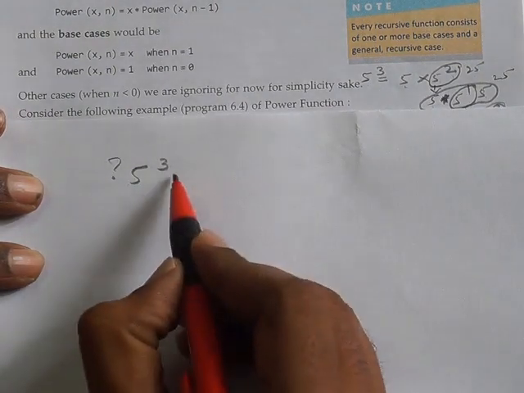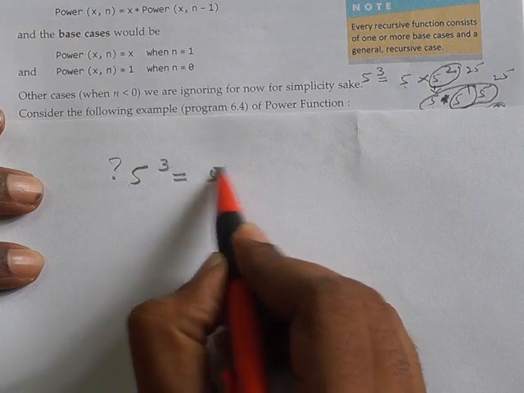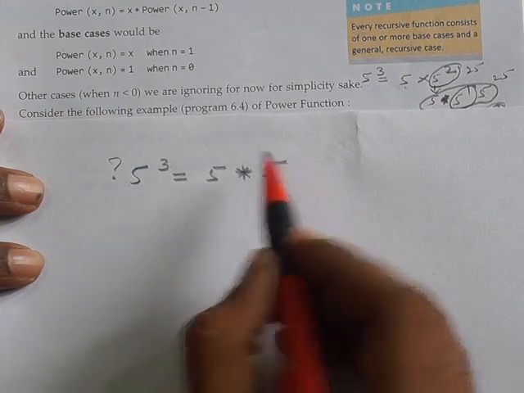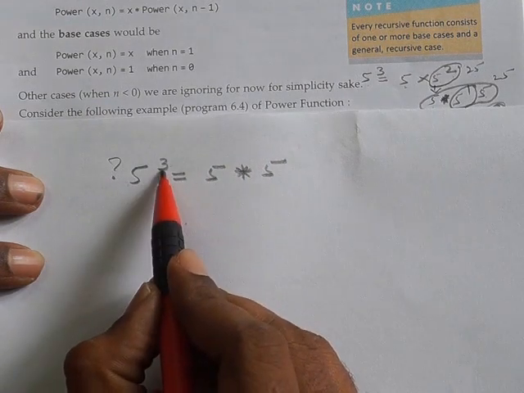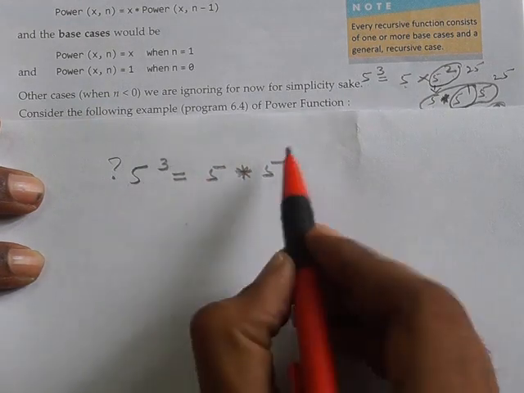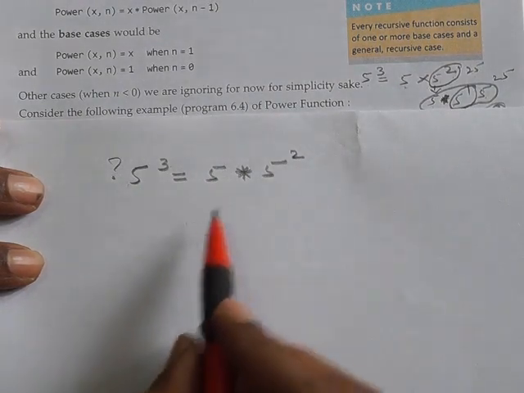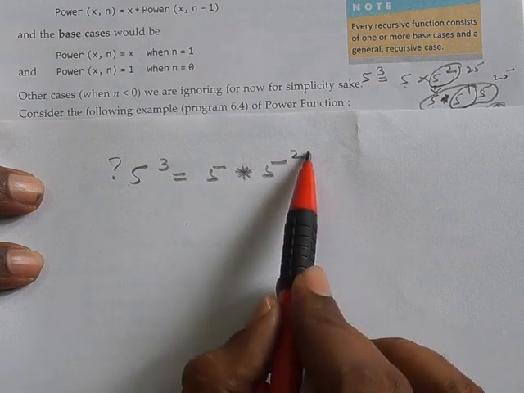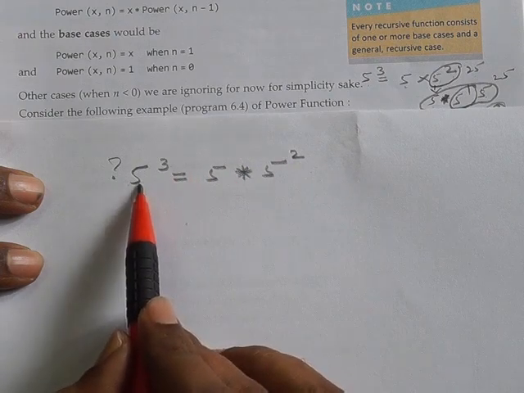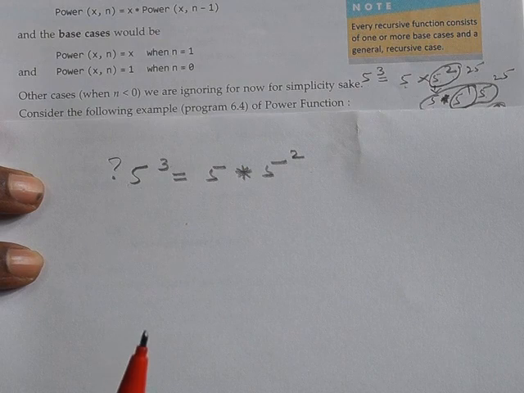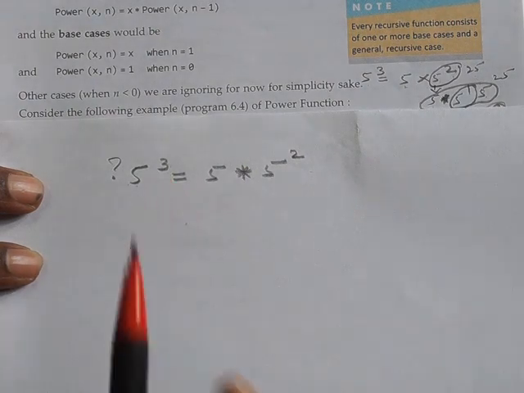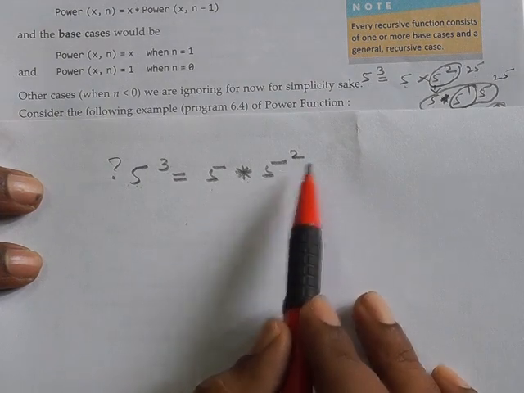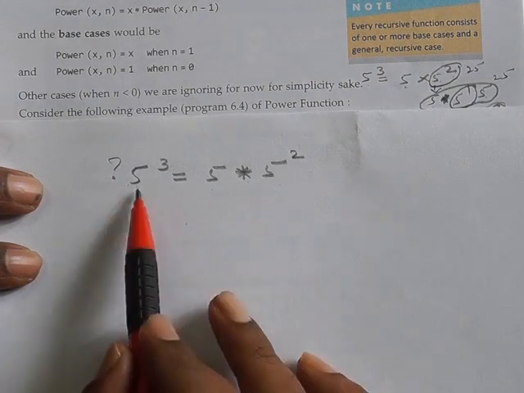So what I am doing now is 5 into 5 power, what is the value less than 3? The value less than 3 is 2. So 5 into 5 square we have to find. If we find this answer, we can easily find the answer of 5 power 3. Once again, I don't know the value of 5 power 3; if I find the value of 5 into 5 square, I can find the value of 5 power 3.